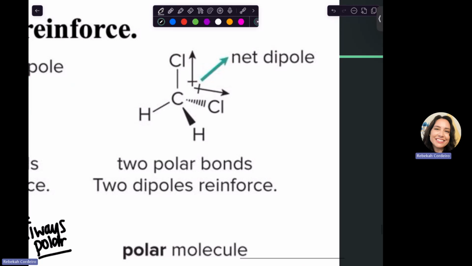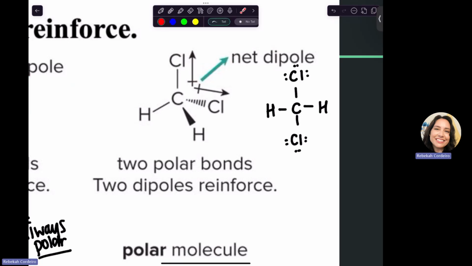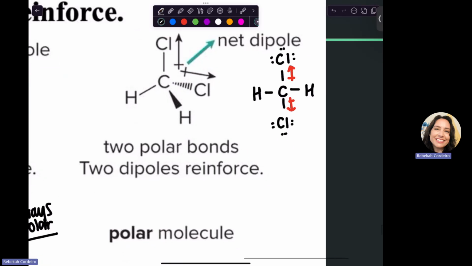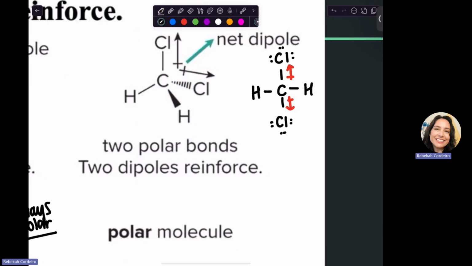One common misconception is that if I have something drawn out like this, it looks like it might be nonpolar, because it looks like maybe we would have these dipoles cancel out, right? But you've got to remember that it's not in this 90-degree flat shape. It actually looks something probably like this, where this chlorine is actually coming out of the page at us.